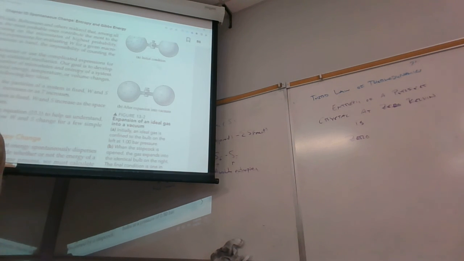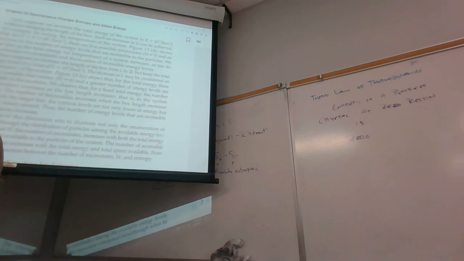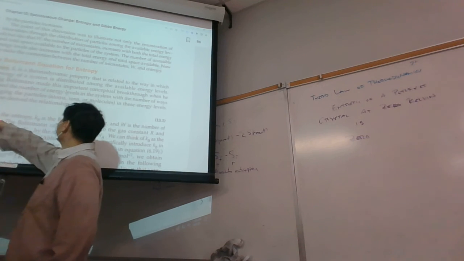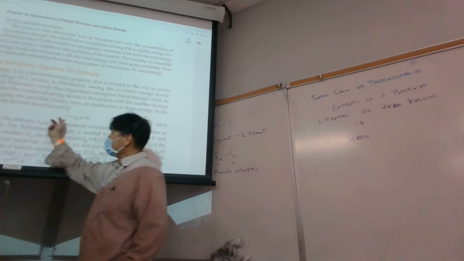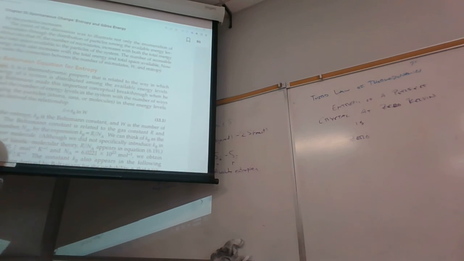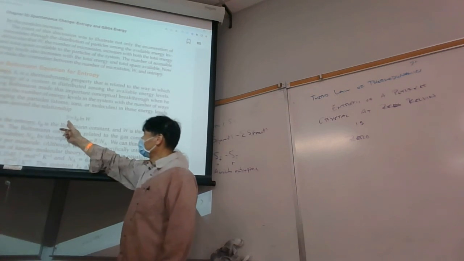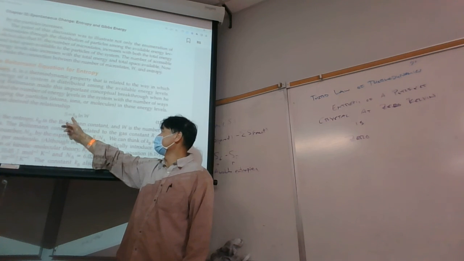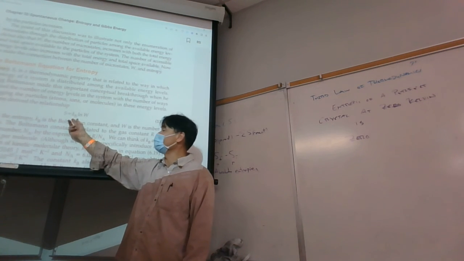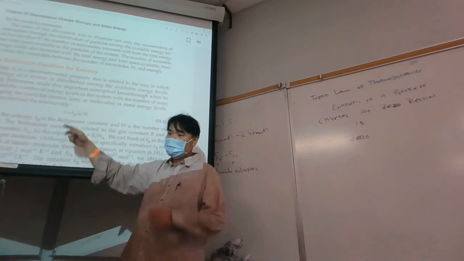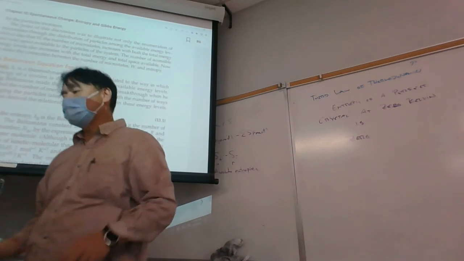Here's Boltzmann, but this is the Boltzmann equation. The Boltzmann equation is engraved above his headstone there. And that is the absolute entropy is equal to KB, which is the Boltzmann constant, times the natural log of W. W is the number of ways to arrange things.